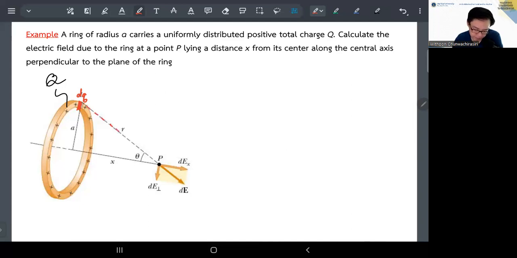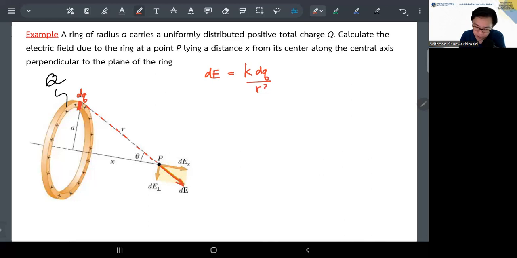I can do that, because for the electric field coming from the dq, we always assume everything is positive in the first place at this point. And we're going to generate an electric field pointing away from it. And because that is a tiny charge dq, I'm going to say this is a tiny electric field dE. So the dE magnitude is K, the charge generating the field dq, divided by the separation from that point to the point P, which they said is r.